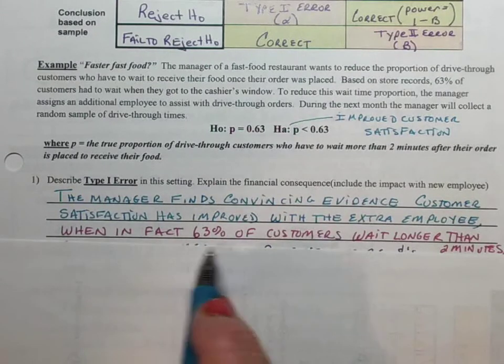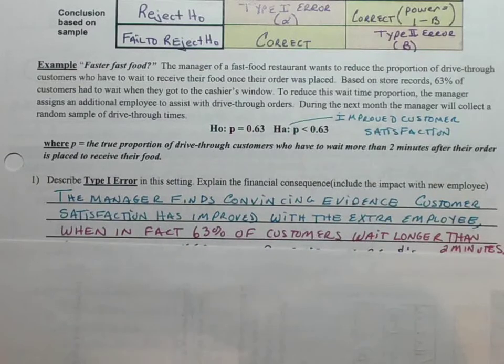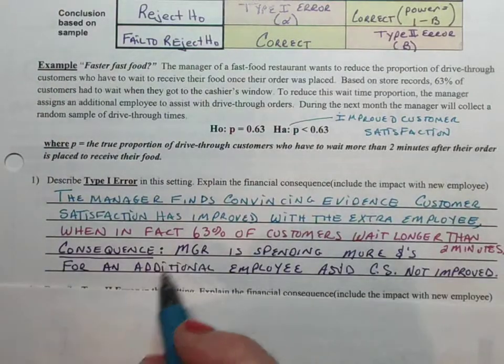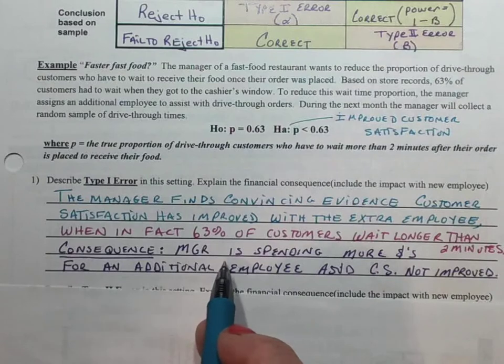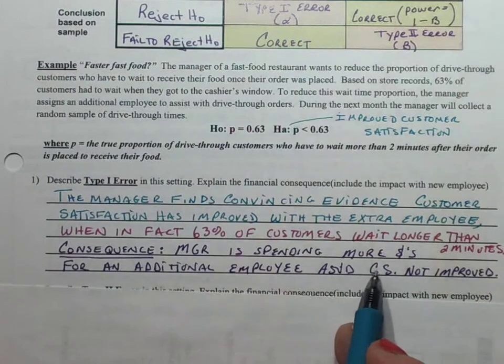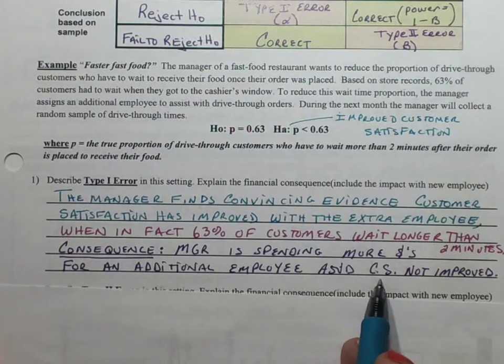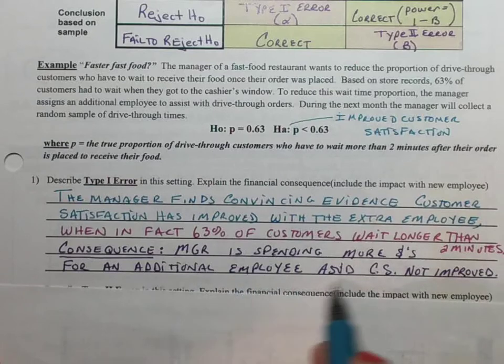Right? We made a wrong decision. This is a type 1 error. The consequence is that the manager is spending more money for an additional employee, and the customer service has not improved. Your people are not happy. So when you're talking about the consequence, you want to relate it to some sort of financial consequence.